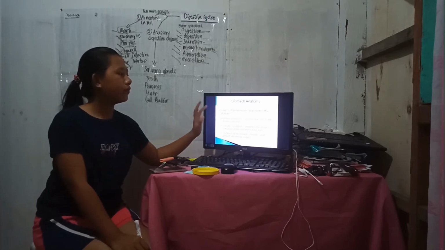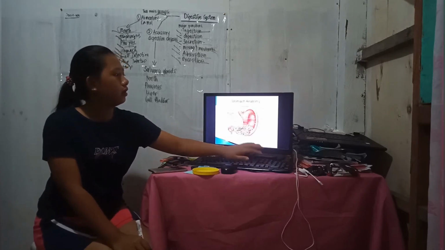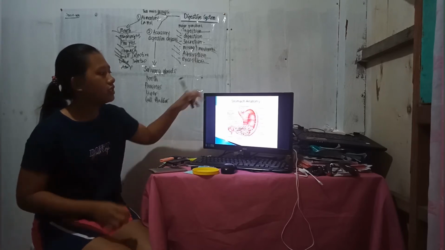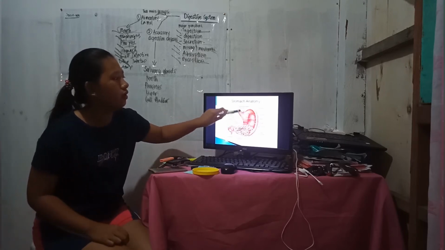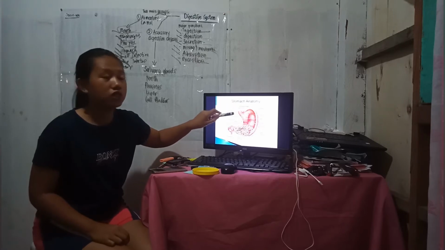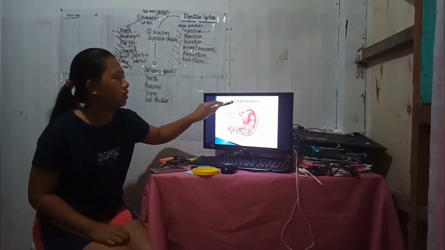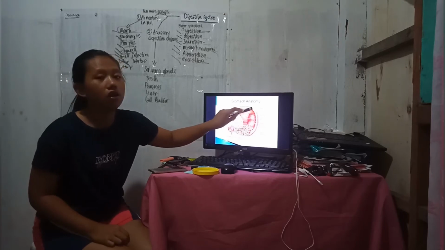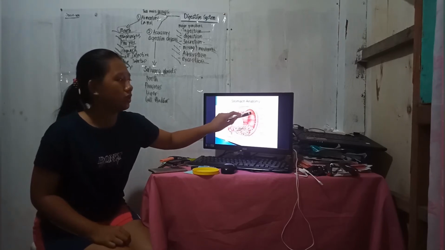So we have the stomach anatomy. This is the cardiac sphincter, the cardioesophageal sphincter next to the esophagus. Then the outer layer is what we call fundus. Then next to it is the serosa. The body is in the center.